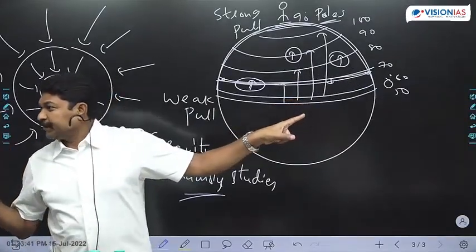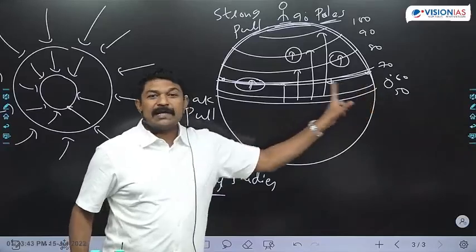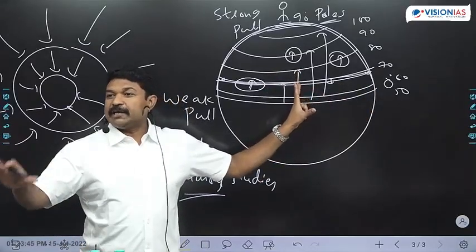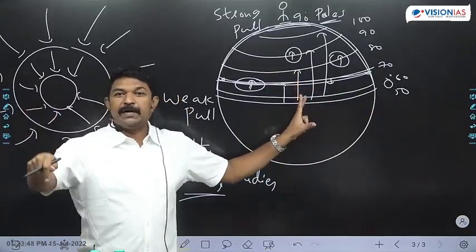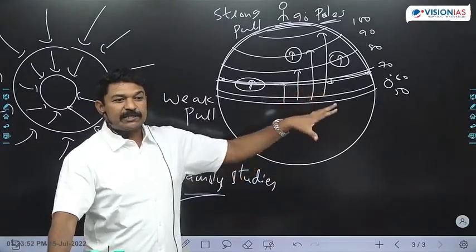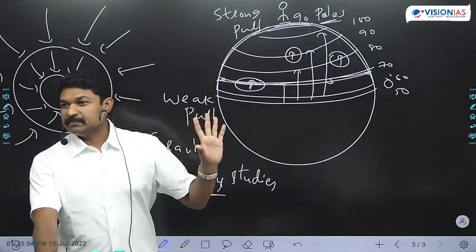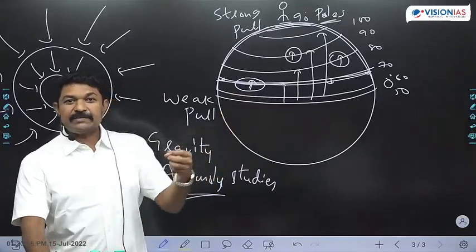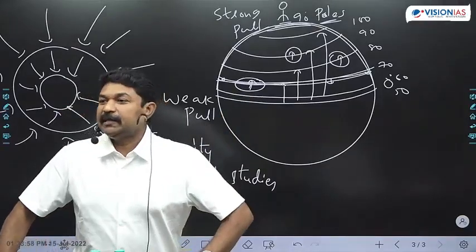Is it clear? Along the latitudes, there must not be any change in the gravitational force. But in some areas, you are discovering gravity changes, which is called gravity anomaly. This is the one which is giving some evidence to know the Earth's interior.